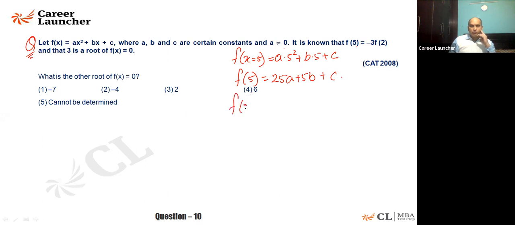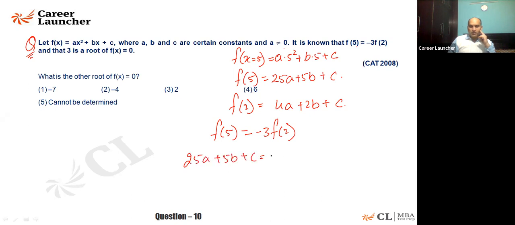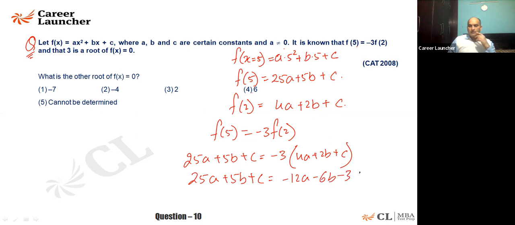And how much is F2? F2 is equal to 4A plus 2B plus C. Now it is given F5 is equal to minus 3 times of F2. So that is 25A plus 5B plus C is equal to minus 3 times of 4A plus 2B plus C. So it is 25A plus 5B plus C is equal to minus 12A minus 6B minus 3C.